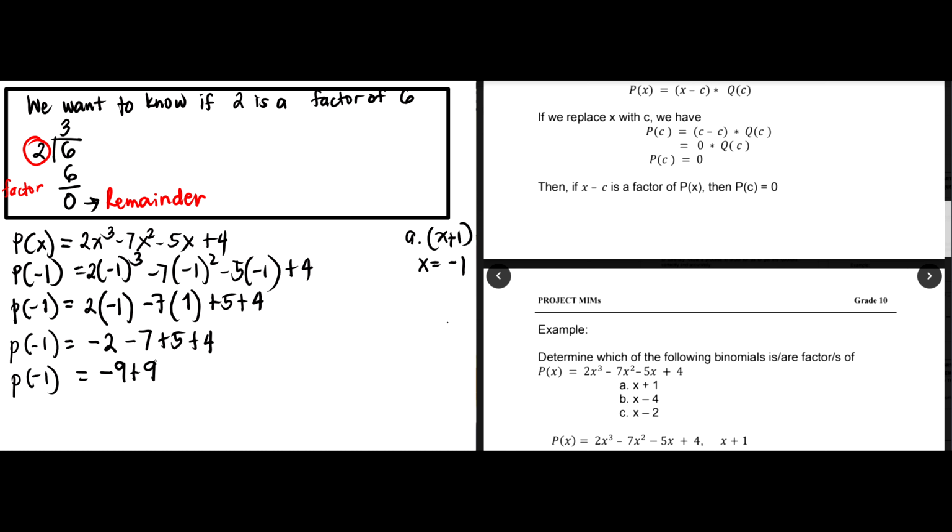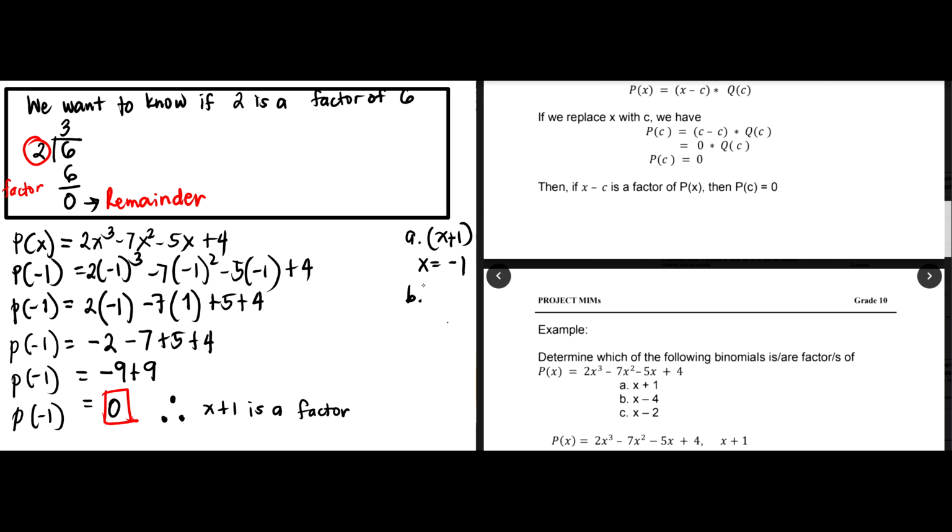So, may pera kang 9. So, the answer is 0. Since your remainder is 0, ibig sabihin, therefore, x plus 1 is a factor.